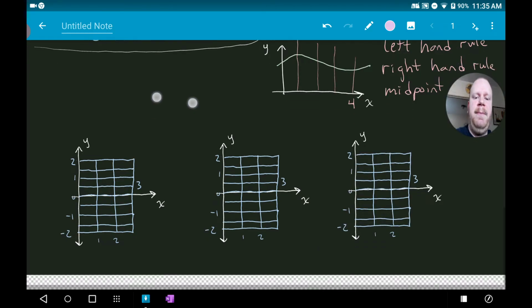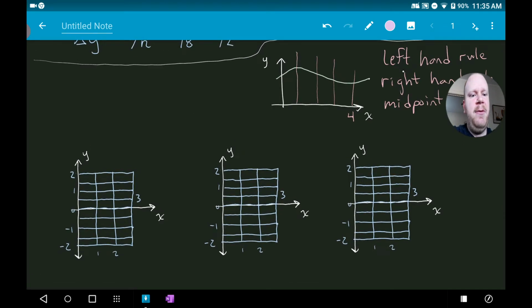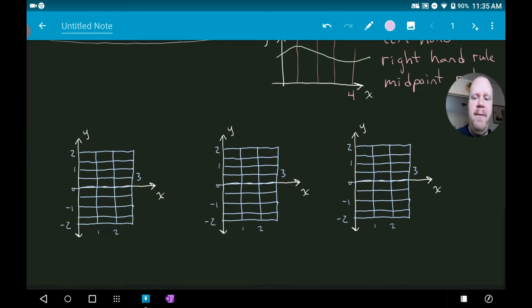So for this one, we have more than just the left-hand rule, the right-hand rule, and the midpoint rule to choose from. We've got basically the middle. Well, we've got a lot of options, I guess, is what I'll say about that. So we could be choosing these 24 in the middle here.